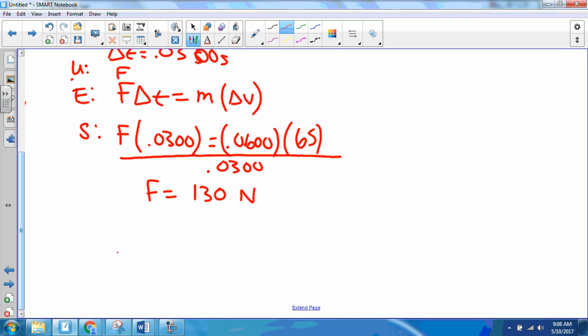That would be that the force times the amount of time that that force is being applied is equal to the change in momentum, which is the same thing as this m delta v, because momentum is mass times velocity. So the force times the time that force is acting is equal to the change in the object's momentum. That's a kind of important one up there.